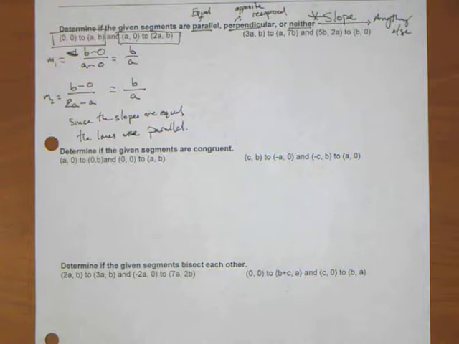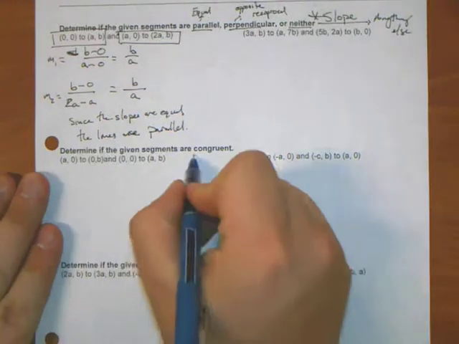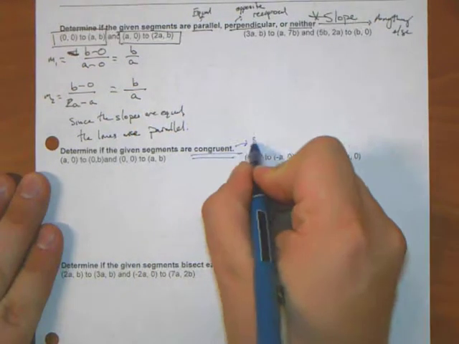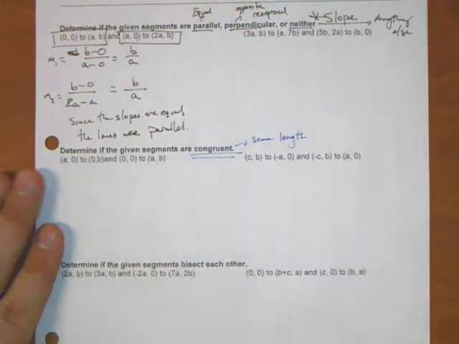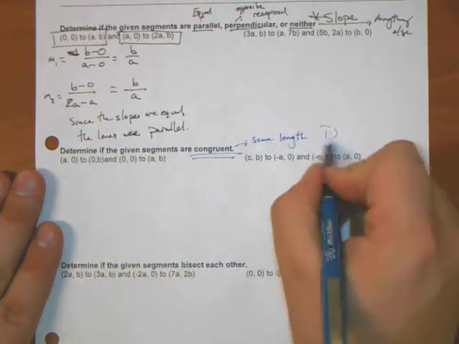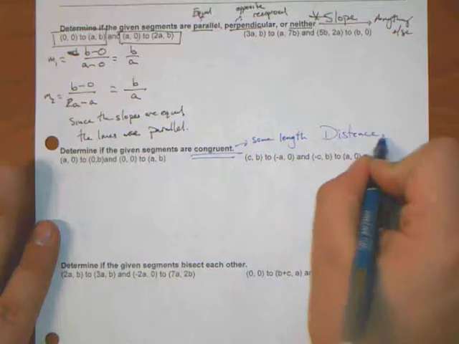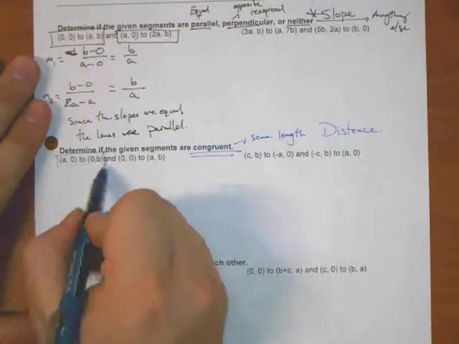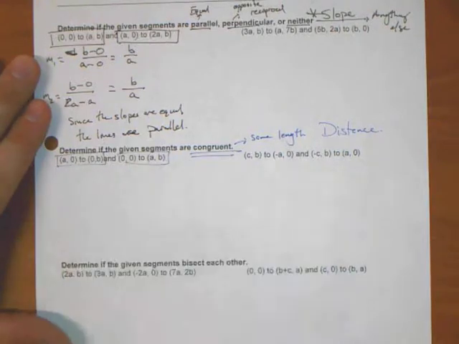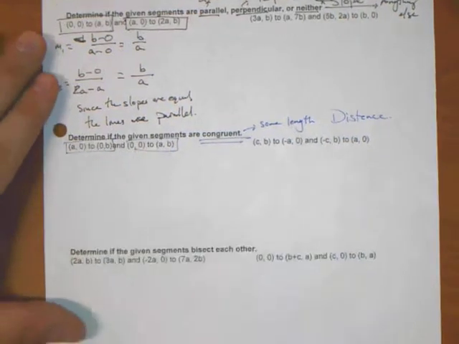Okay, if I want to show two segments are congruent, congruent means same length. So what's my appropriate formula to find if they're the same length? The distance formula. So I apply the distance formula to the two potential segments and see if I get the same thing.